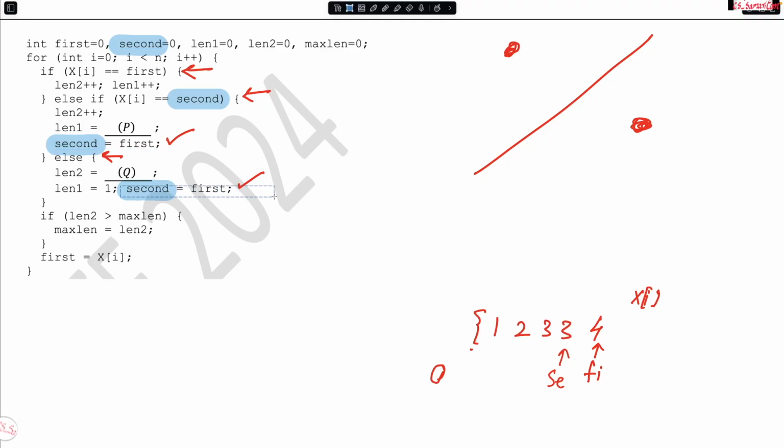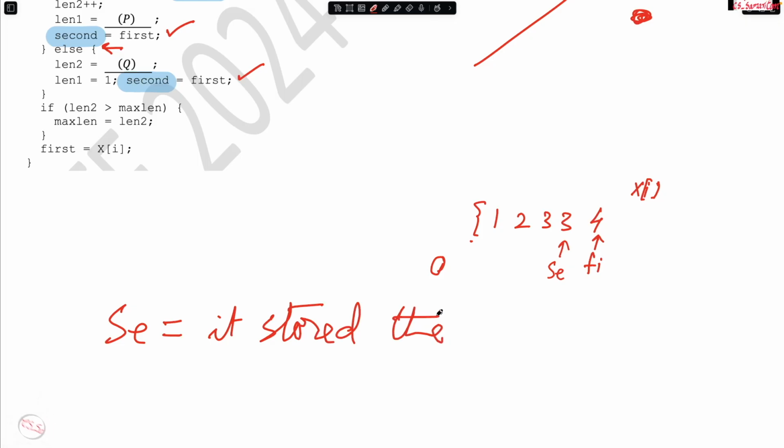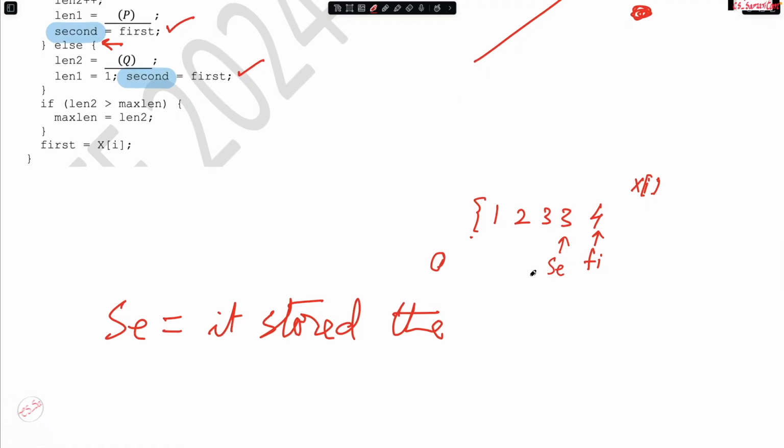So it can be said that at the end of the for statement, it is basically being assigned. It can be interpreted like that. It is a valid interpretation given the condition that the current xi is not equal to first, right? That is the one fundamental thing. So we can write the intent of second. We have basically interpreted it. The intent of second is that it is used to store the value of first at which first and xi were not the same.